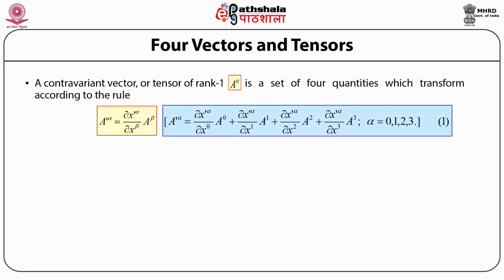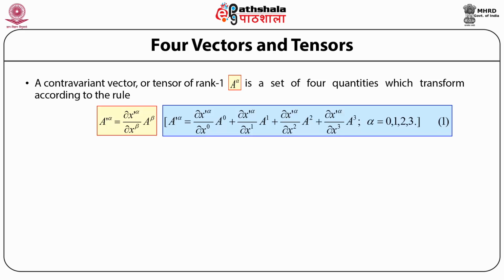A contravariant vector or tensor of rank 1, that is A superscript alpha, is a set of four quantities or a four vector which transform according to the rule, when we are going from one coordinate system to the other, as A prime superscript alpha is equal to the partial derivative of x prime superscript alpha with respect to x superscript beta, that is del x prime alpha upon del x beta, times A superscript beta.